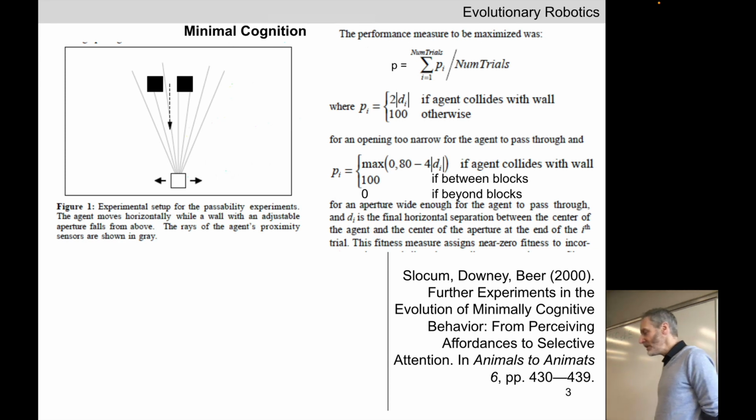Okay. These are minimal cognition experiments, so they tried to boil this down to as simple a task of object detection, affordance detection as possible. The agent itself is very, very simple. It's a square. It exists inside a 2-dimensional physics engine. It sits at the bottom of the screen, and our little agent here has 7 sensors, represented by the gray lines here. These are proximity sensors like we've seen before.